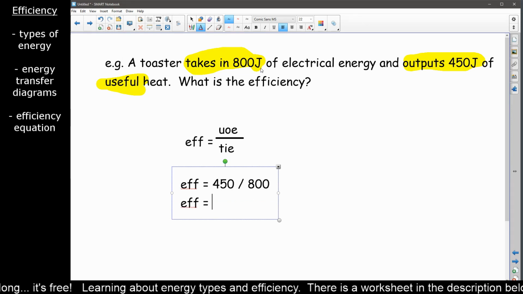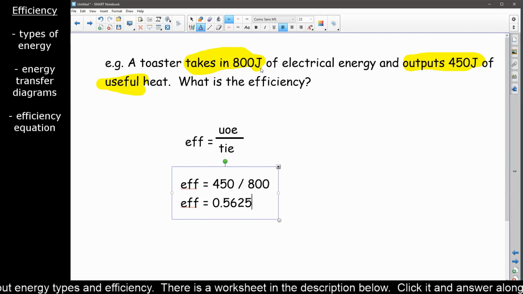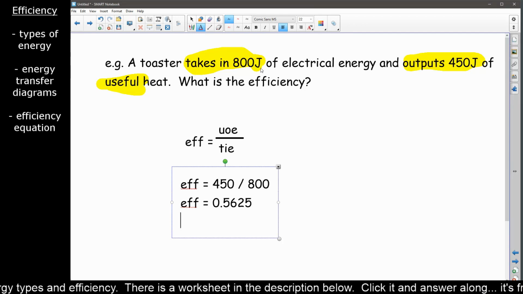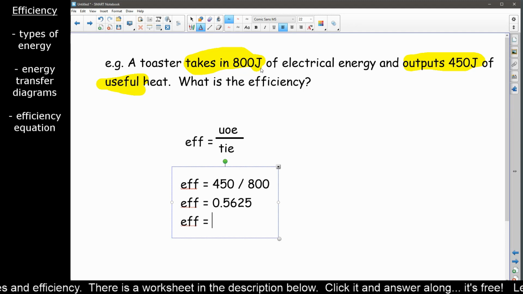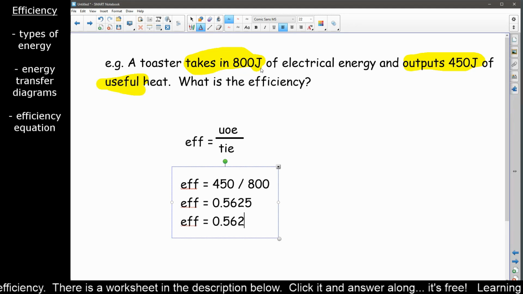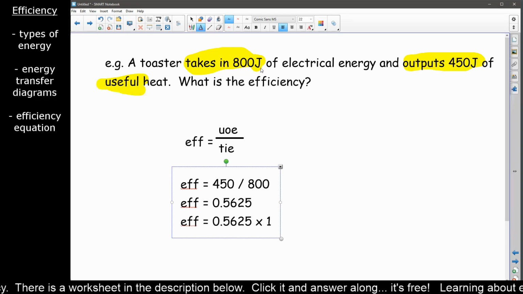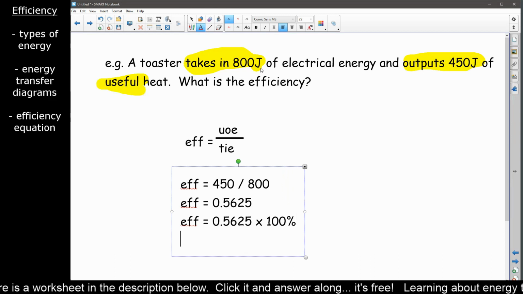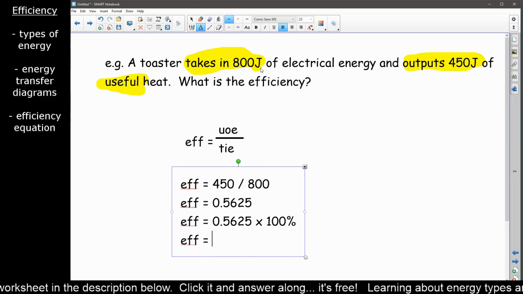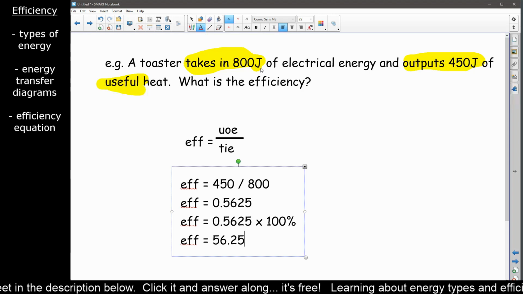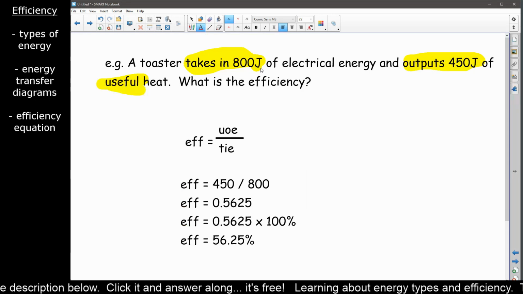So my efficiency equals, once again we grab our calculator, 450 divided by 800 gives us 0.5625 as our efficiency. We don't want that as a decimal, probably. We could quote it as a decimal if we weren't asked for anything else, but we like percentages, so we times that by 100% to give me my efficiency equal to 56.25%. And that's all there is to it.